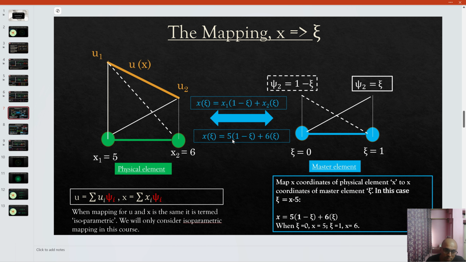We also looked at the mapping. So we showed how any 1D element can be simply mapped to any master element, so you have different types of master elements. So you could have one which is running from psi is equal to -1 to 1 or 0 to 1, or you could define any master element of your own, but those two are the most commonly used.